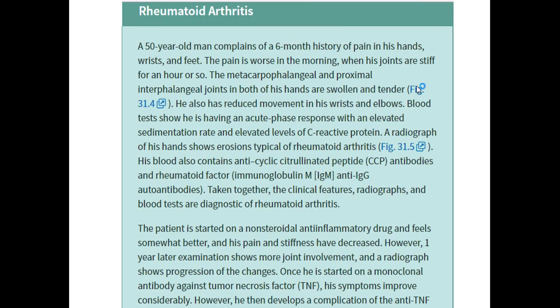So in rheumatoid arthritis, you will see usually it affects adults over 50 years of age. That started with the small joints, the interphalangeal types of joints. And then finally here leads to destruction of these small joints.